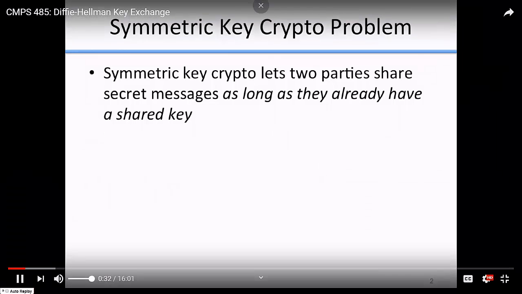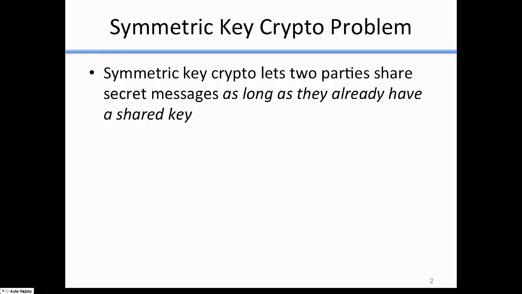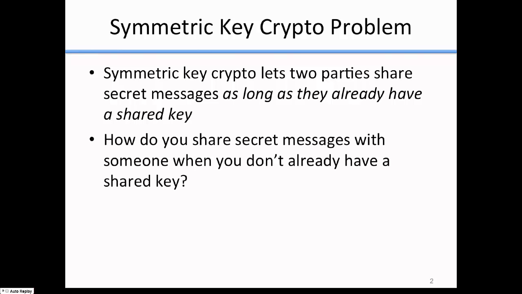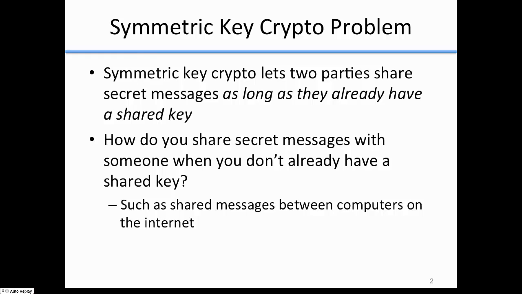That's a problem with symmetric key crypto, because how do we make sure that Alice and Bob know that key? So how do you share secret messages with someone when you don't already have a shared key with them? What if Alice and Bob want to exchange secret messages, but they don't already have a key? Well, they can't use symmetric key crypto because they don't have a shared key together. So the Diffie-Hellman problem is meant to help with that.